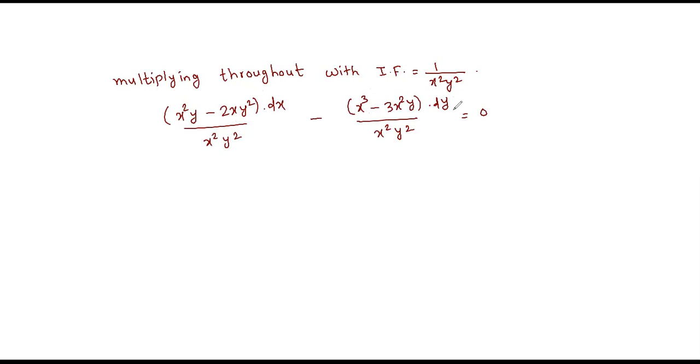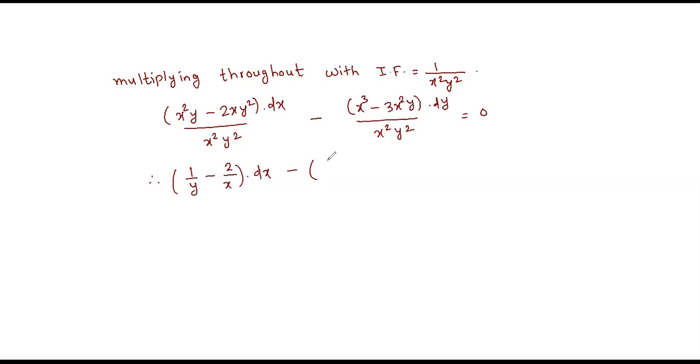Now what will I get? Therefore x square y upon x square y square. So what will I get? (1 upon y minus 2 upon x) into dx minus x cube upon x square y square.